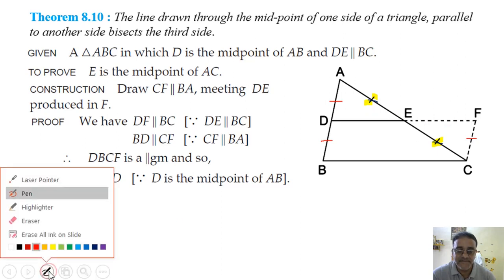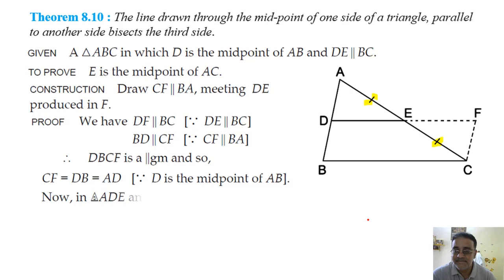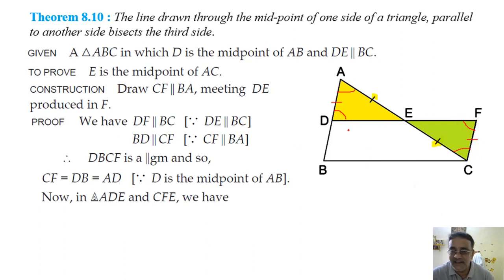So see carefully. These two triangles: this angle is equal to this angle. Why? Alternate interior angles. AD is equal to CF. Why? Proved above. And this angle is equal to this angle, alternate interior angles.